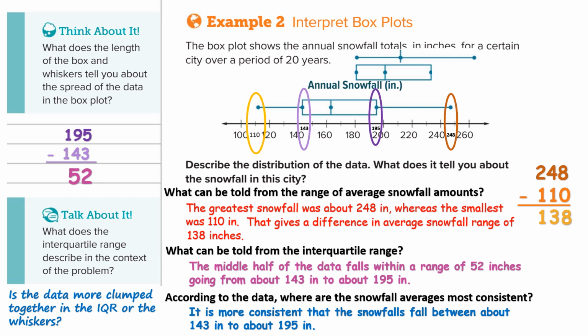It is more consistent that the snowfalls fall, that's a little tricky, between about 143 inches and about 195 inches. I could say it shows that it's more consistent that the snowfall would be in the interquartile range, or in the inner 50% or the inner half of the data. So there are different ways to word it as long as I have an accurate answer.